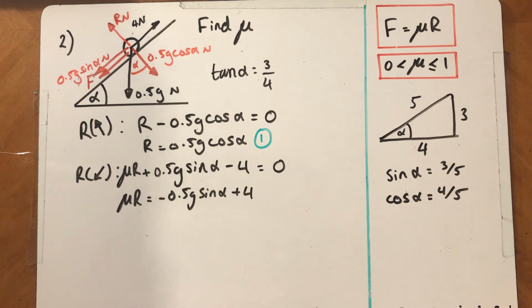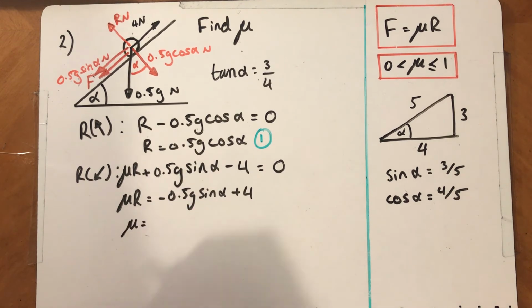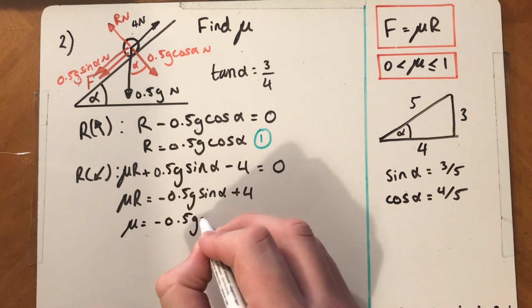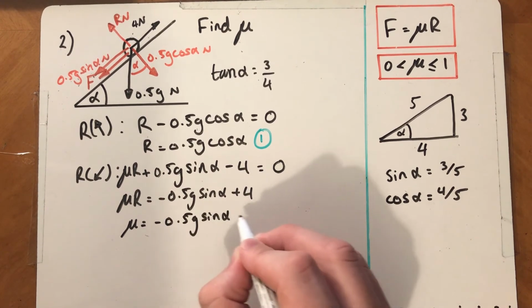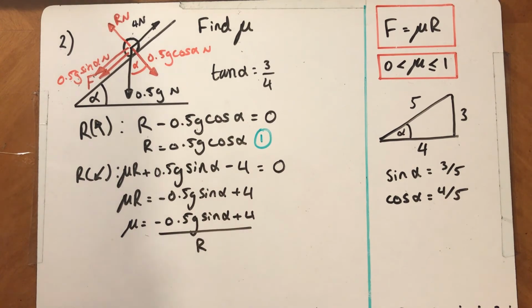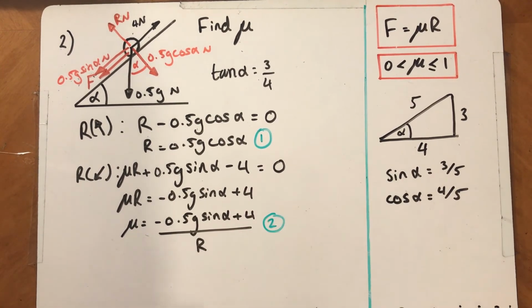Okay, so now I can divide by R, so I can get mu by itself because we want to find mu. So mu is equal to minus 0.5 g sine alpha plus 4 over R. Okay, and I can call this equation 2.